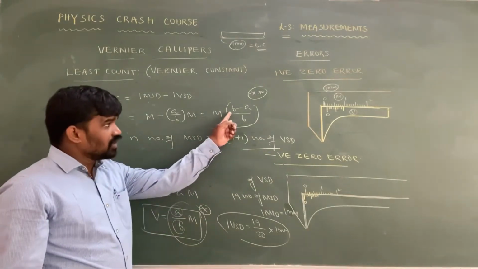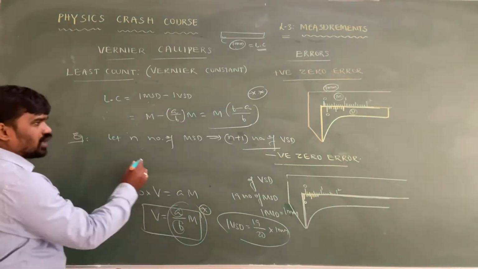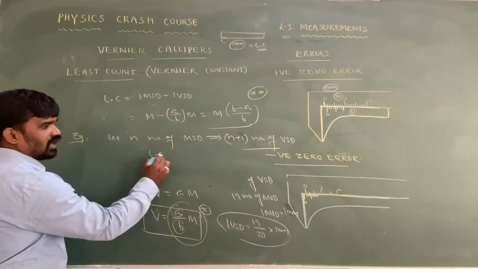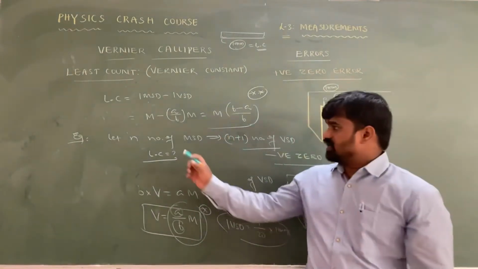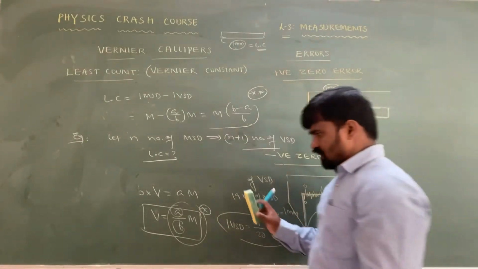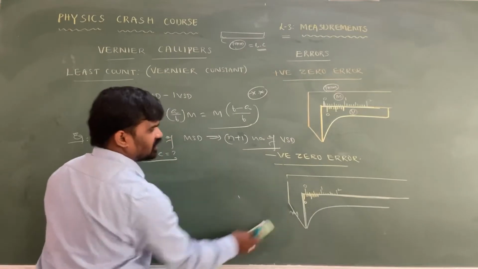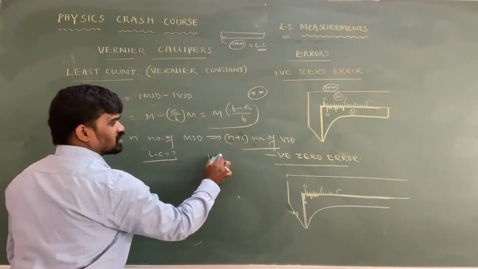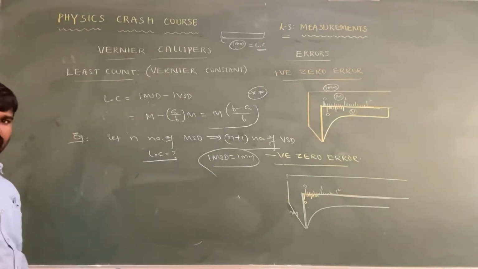Remember one point: vernier scale divisions must be greater than main scale divisions. Then what is the least count? This is the question: n number of main scale divisions coincides with n plus 1 number of vernier scale divisions, then determine the least count if 1 MSD is equal to 1 millimeter.